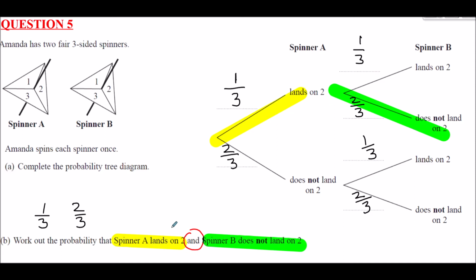So I always think of one thing happening and then the other, as the 'and', almost always signifying we're going to multiply the probabilities together. So 1/3 times 2/3, top times top gives you 2, and 3 times 3 gives us 9. So for part B, we've got 2/9, the probability of it landing on a 2 for A, and then not a 2 for spinner B.